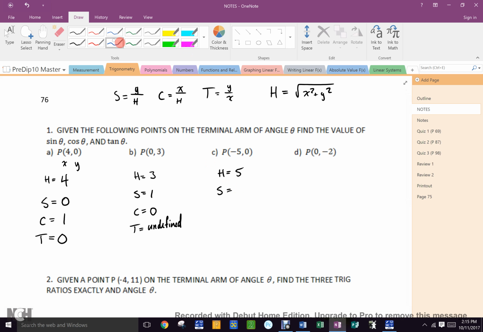Thank you. 0. What's cos? -1. What's tan? Tan is 0. What's the h here? 2. What is sine? -1. What's cos? What's tan? Undefined.